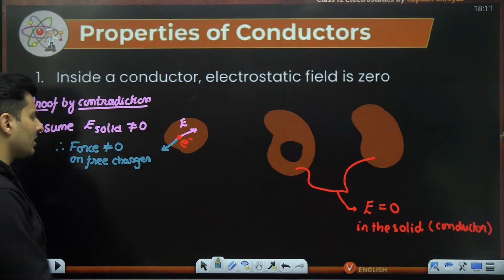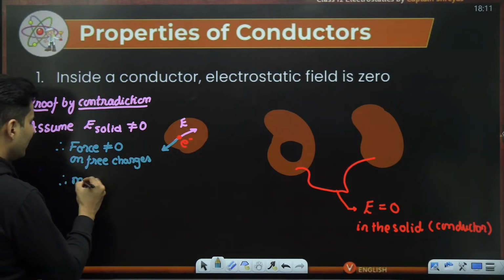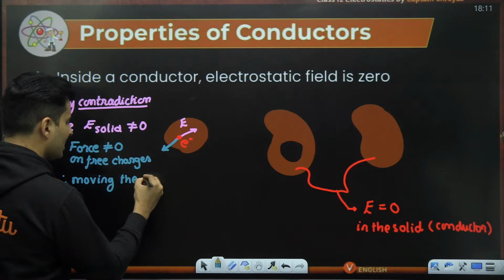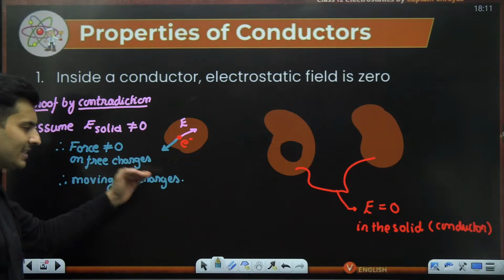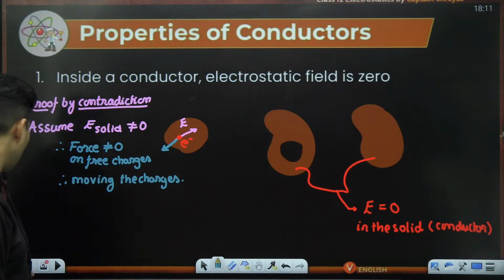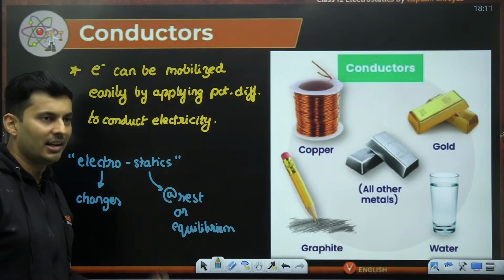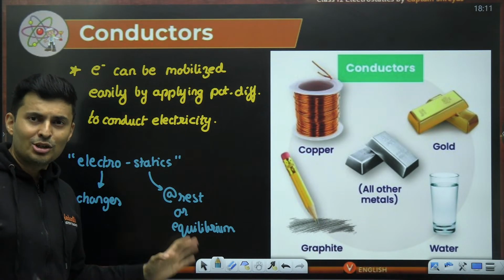What will this force do? This force will start moving the electrons, moving the charges. Now this is exactly against my chapter's heading, electrostatics. The charges must be at rest. They should have attained a sense of fulfillment. They should be satisfied.